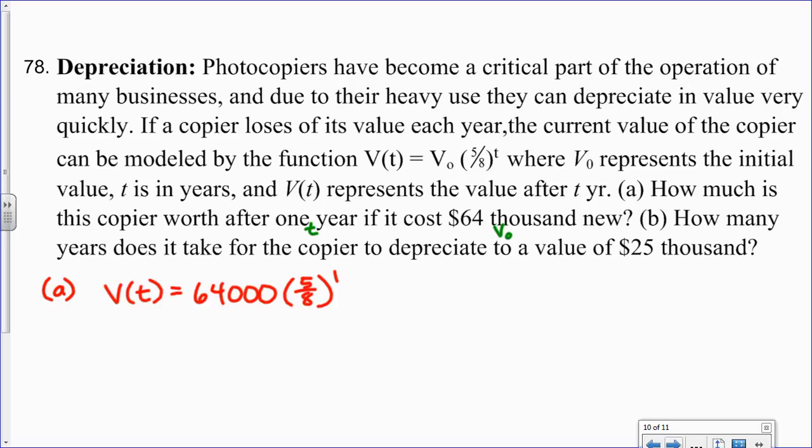I have all this. So when I have everything filled in on one side, you're just plugging it in your calculator. And I put in 64,000 because it didn't tell me that it was given to me in thousands. So I had to put the whole thing here. If it had said originally in thousands, you would have only had to put 64.